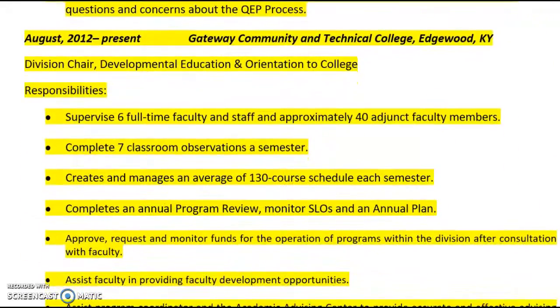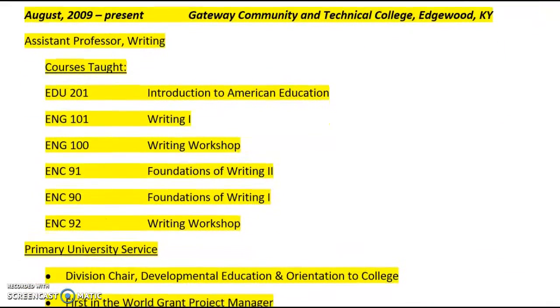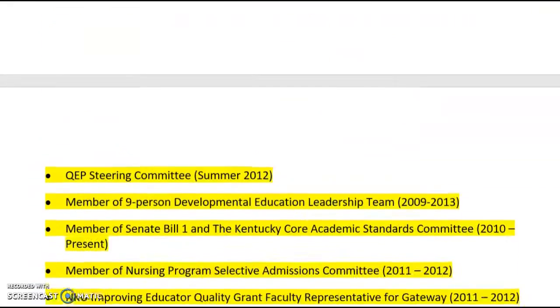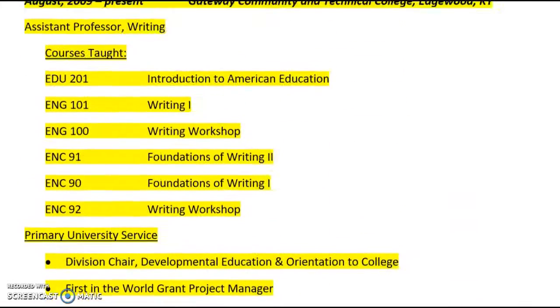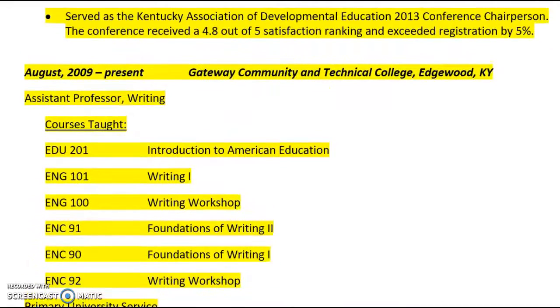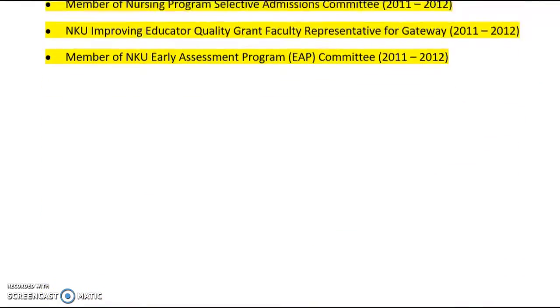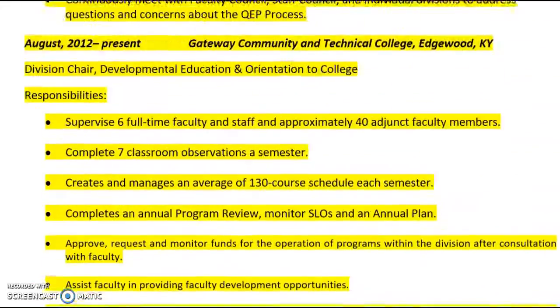After accomplishments, we have courses taught, my primary university service that I have provided to the college as well. Also, if at this point I've also done multiple presentations and publications, so I will add those to my VITA as I get through it.